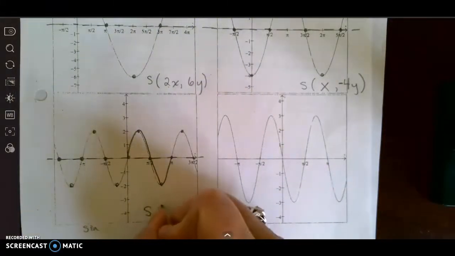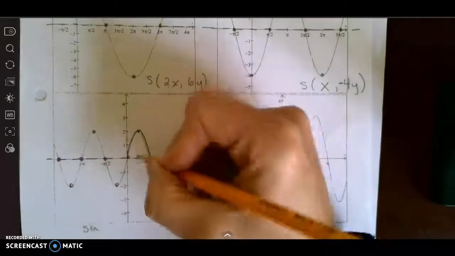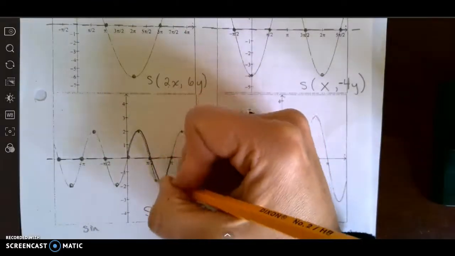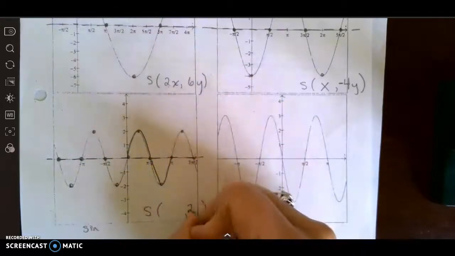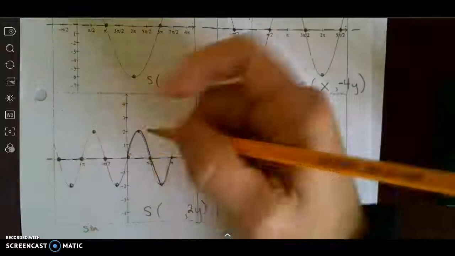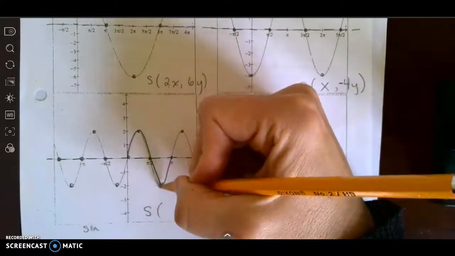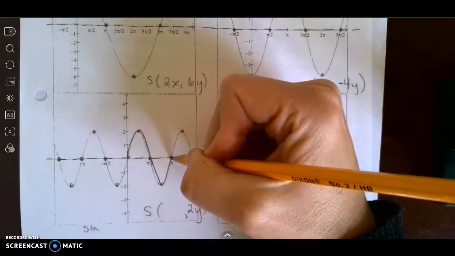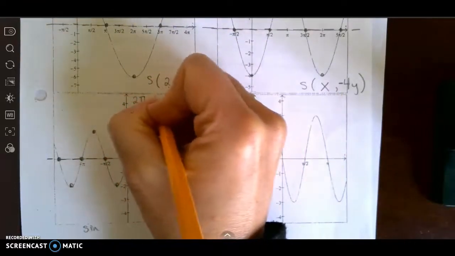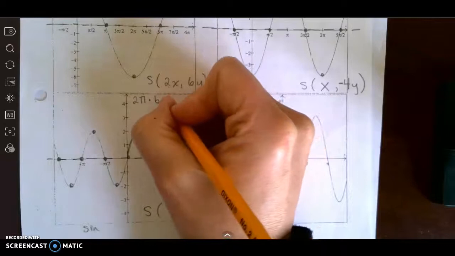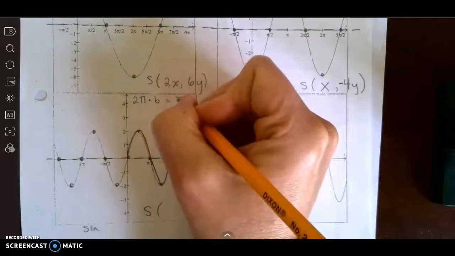And my scale change, see, it's not upside down, so it's a positive. And because it's 2 up and 2 down, that would be 2y. And 1 full period is pi. So 2 pi times b, which is my x scale change, equals pi.